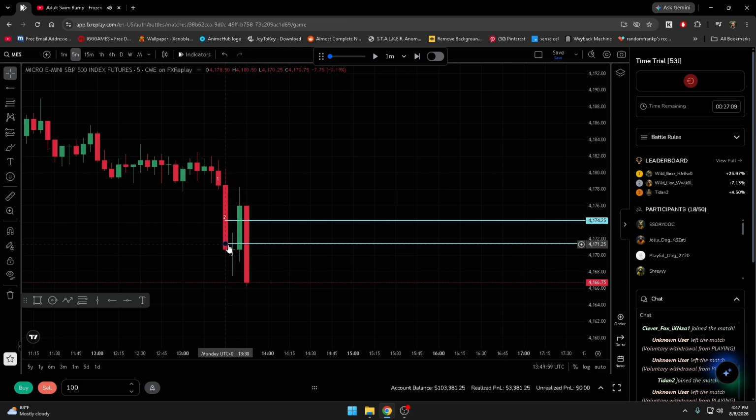So boom, usually we enter on the third fair value gap, when price breaks this third candle into the second candle, and then usually it goes past the third candle peak, I should say.